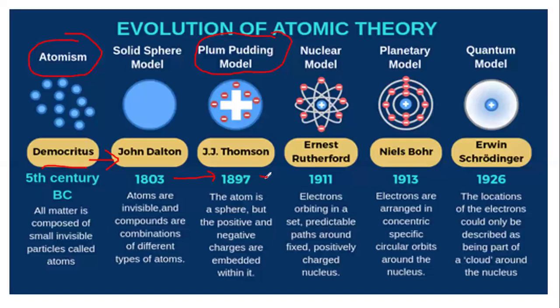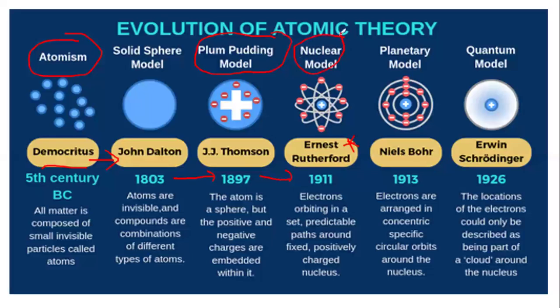And then from there, we continued to develop until we reached this scientist who is known as Ernest Rutherford. What was his contribution? His contribution is termed the nuclear model.